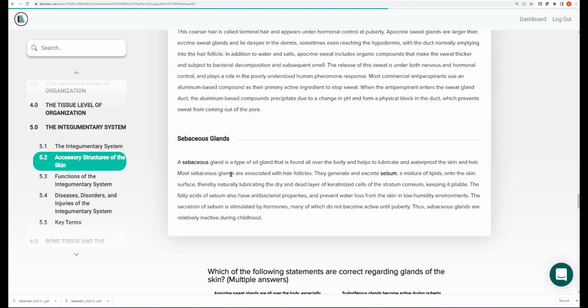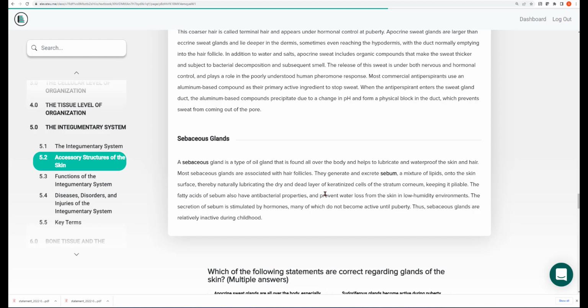Sebaceous glands are, I will say always, although it says most, but everything I've ever seen, associated with hair follicles. So as mammals, we have hair from head to toe. We have hair, even where we don't think we have hair, we have microscopic hair. And these sebaceous glands release those products to the surface of our skin, and that oil that they produce is called sebum. And that sebum keeps our skin lubricated.